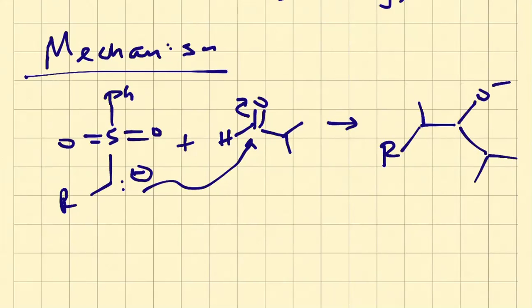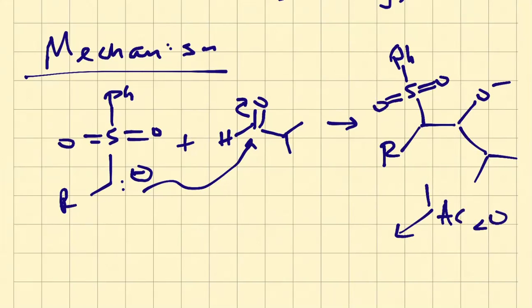From that, I'm going to get this intermediate sulfone. Then I use the acetic anhydride to trap that, and I add in some DMAP.